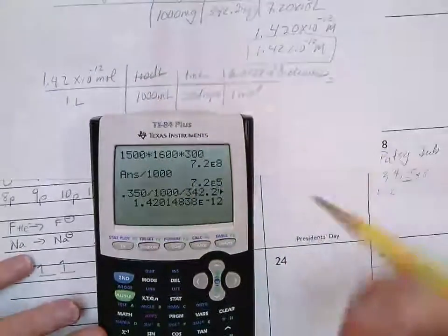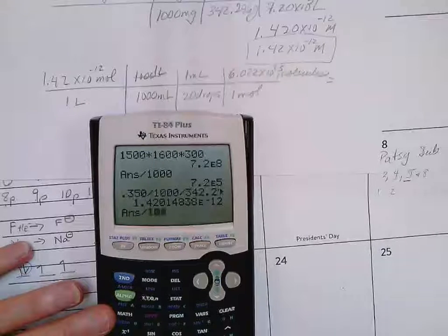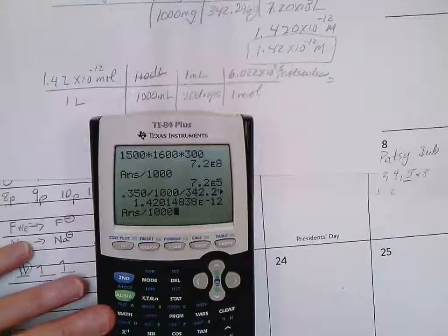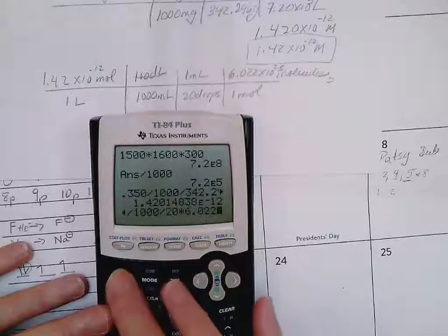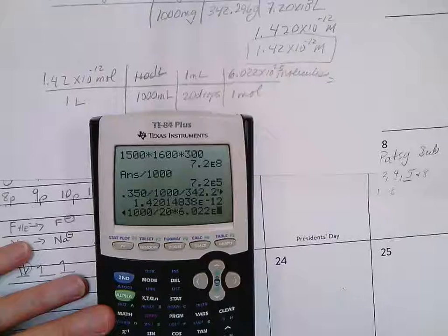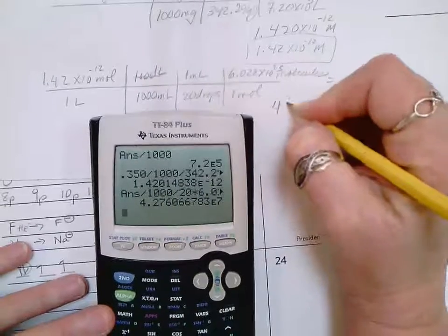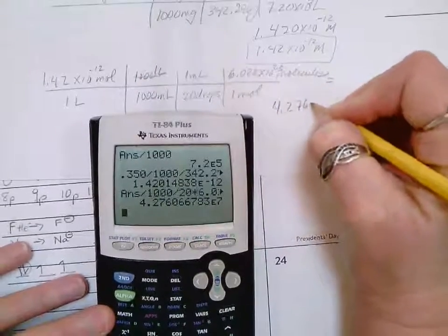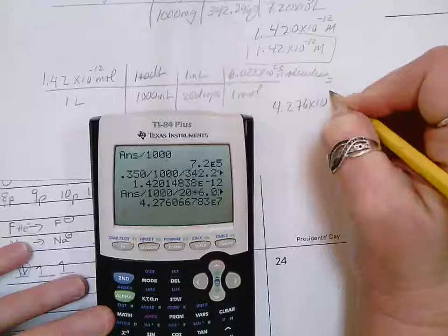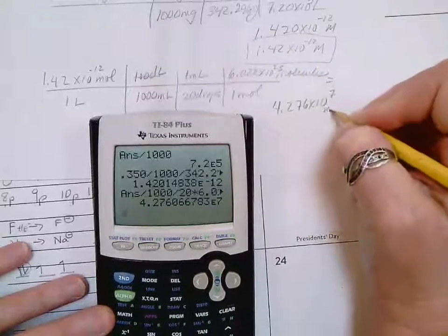So I'm going to divide by 1,000, and then divide by 20 drops, and then multiply by 6.022 second EE 23 equals. And I get that there's 4.276 times 10 to the 7th molecules in a drop.